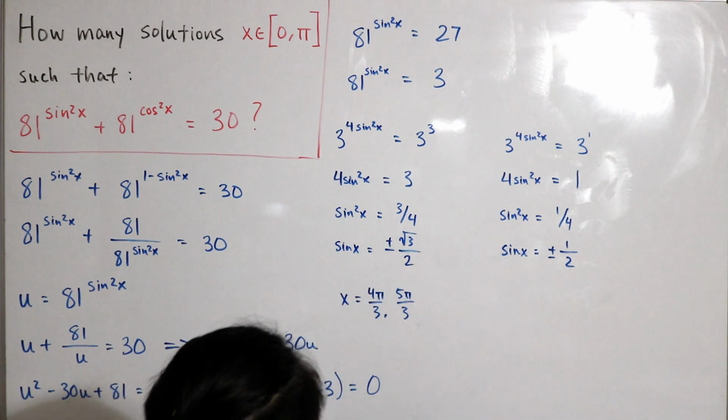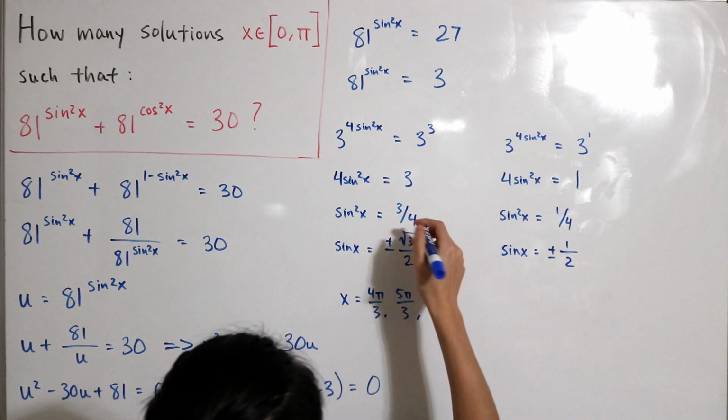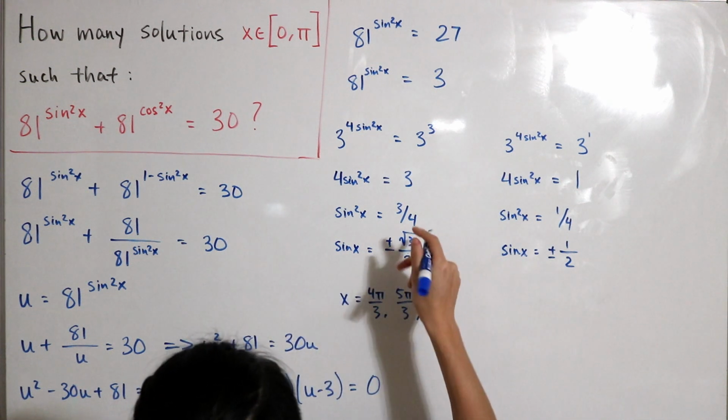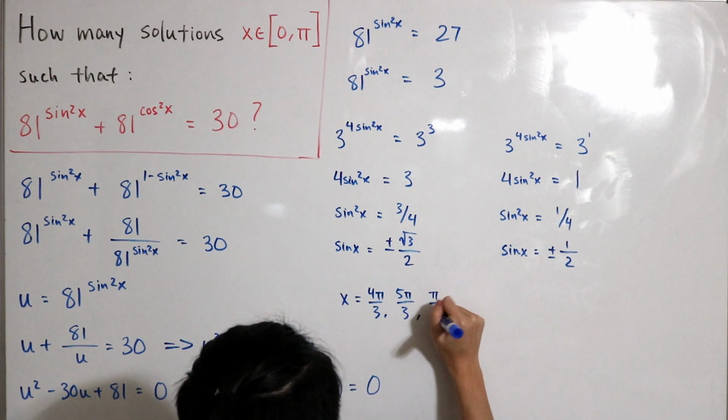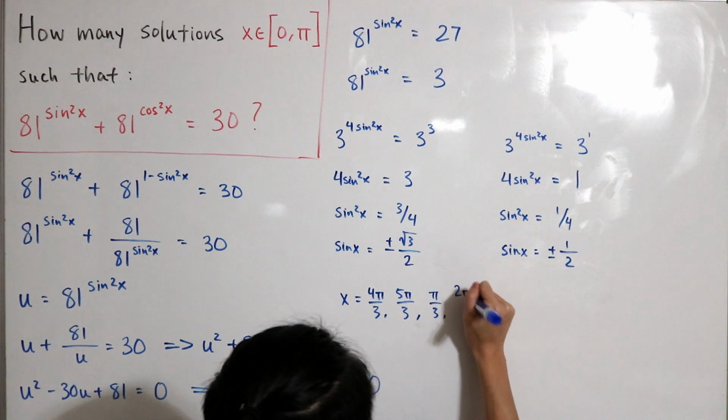And then you have two more values, but those deal with the positive square root of 3 over 2, and that'll yield π over 3, and then 2π divided by 3.